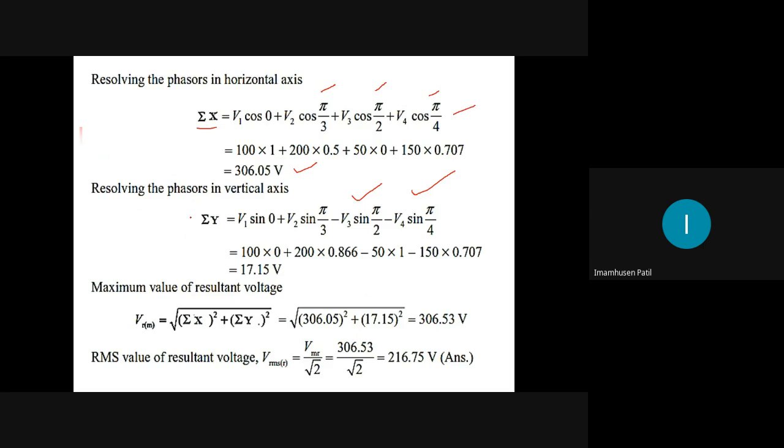Okay. First one, there is no question. It is 0, V1 sin 0. Then it comes out that the summation is equal to 17.15 volt.